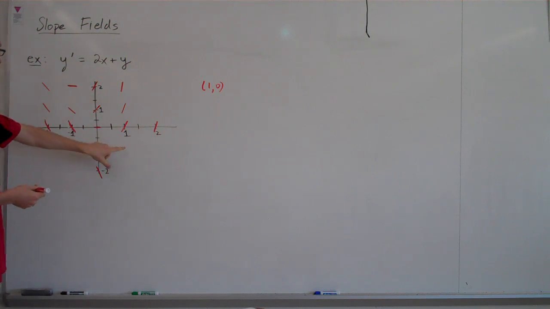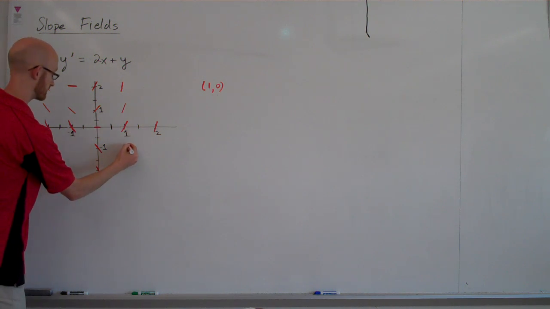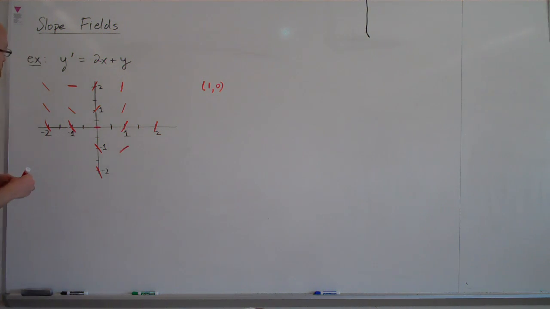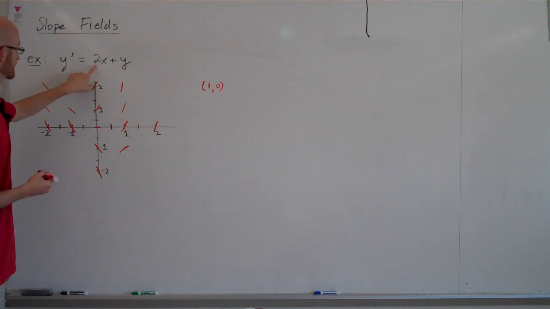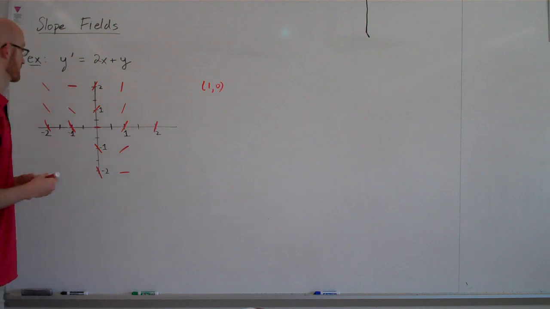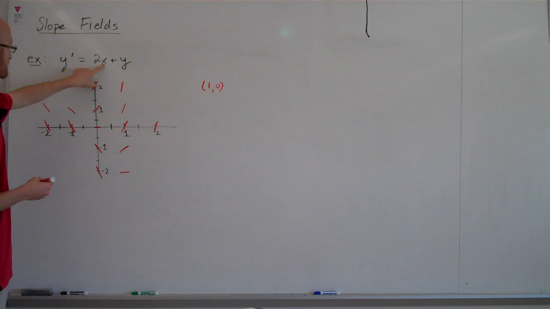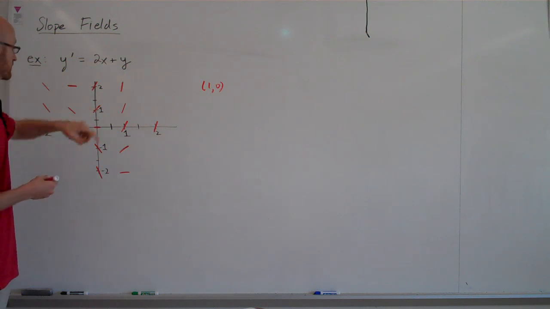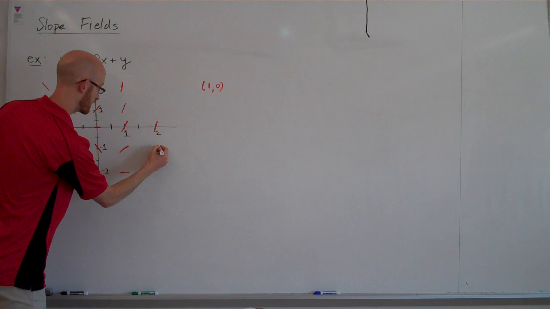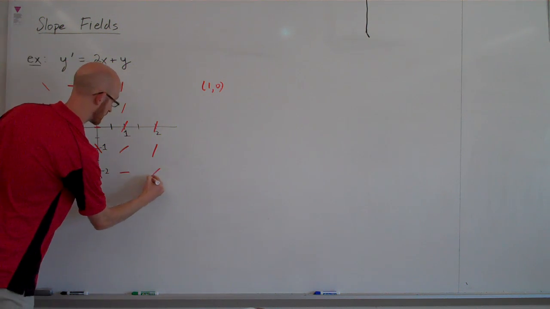Then 1, negative 1 will give us a slope of 1. 1, negative 2 gives us a slope of 0. And then 2, negative 1, that's 2 times 2, minus 1, is 3. And then 2, negative 2 would be a slope of 2.